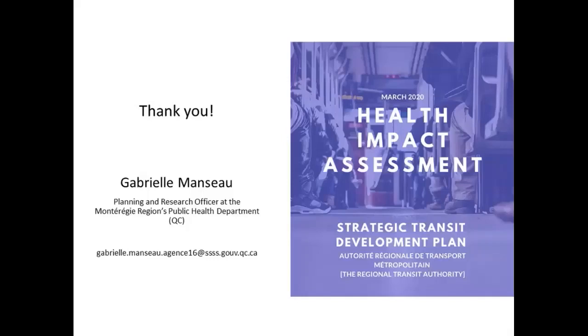For example, in BC, in the Public Health Act, there is Section 61, which requires the use of HIA. And also in Toronto, HIA has been applied to several projects, policies or programs in partnership with the City of Toronto and also Toronto Public Health. And there are some examples about how HIA has been applied there.